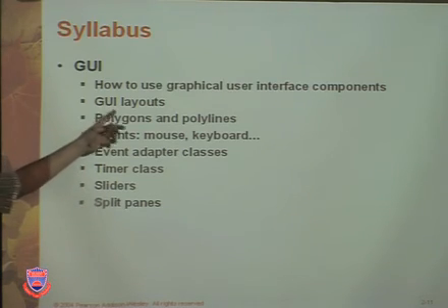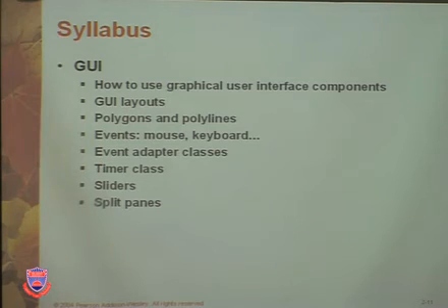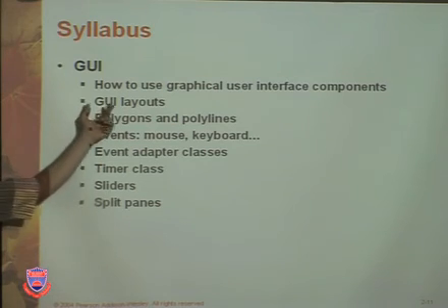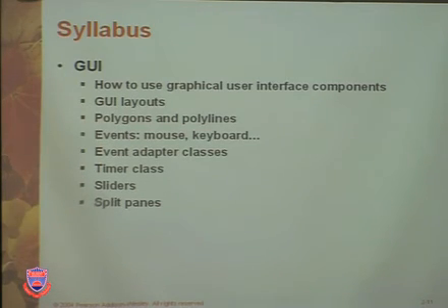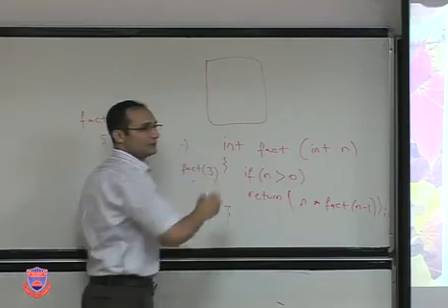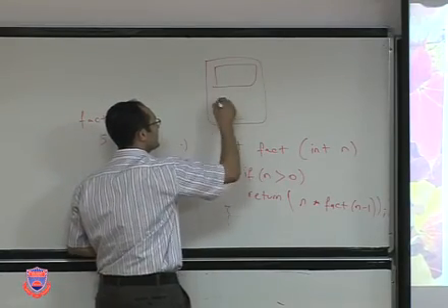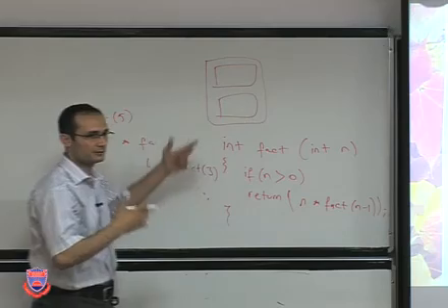So we will see how to use these components, how to interface them, and how to lay them out. For example, in the graphical user interface part, we will define a frame which we will put things onto. So we will have a frame, and then let's say 2 panes. We will see what panes mean.